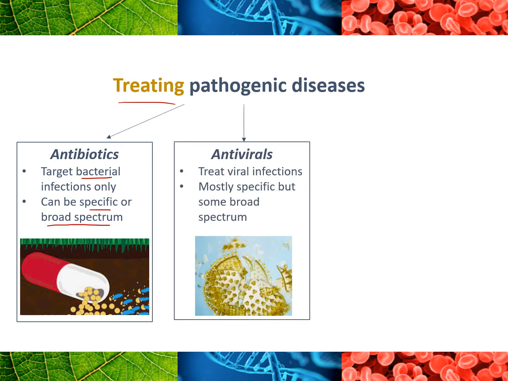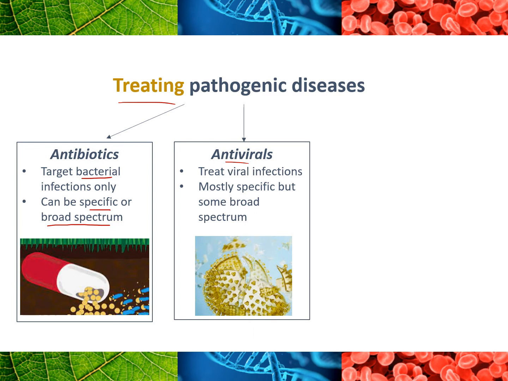Okay, so that's why it's really important that you only ever get antibiotics with a prescription, because you could be taking antibiotics that aren't even going to be effective against the type of bacterial infection that you have. Antivirals, as the name suggests, treat viral infections.